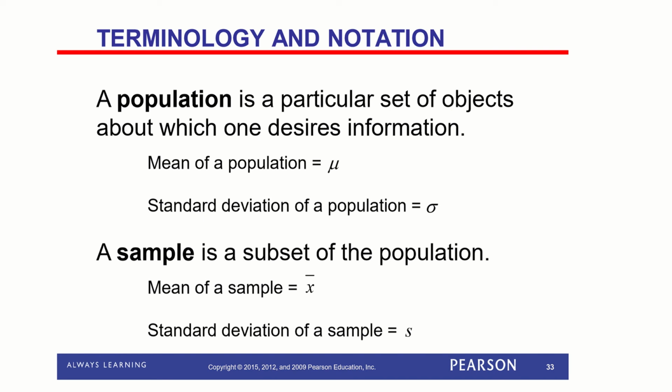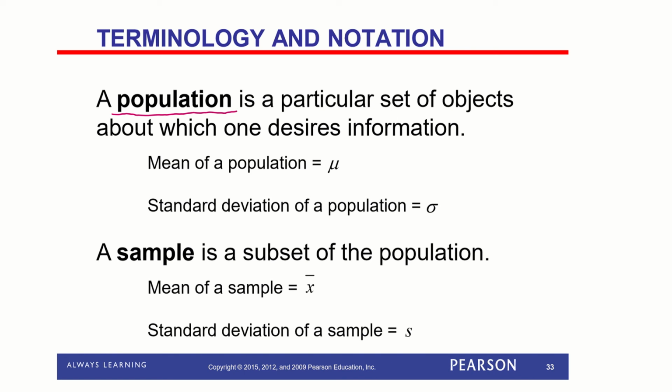So a population is a particular set of objects that we want to know about. This is the entire set that we are talking about. For me as a high school teacher, I want to look at my juniors' ACT scores.